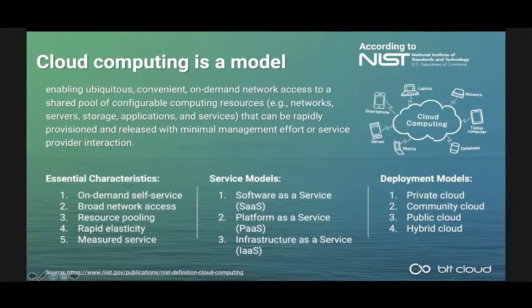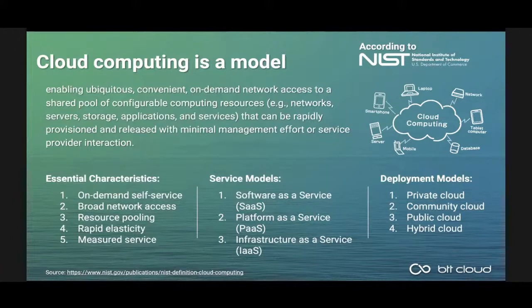Also, the National Institute of Standards and Technology wants to make sure that everybody understands it in exactly the same way. So basically, they say that the essential characteristics of cloud computing are that services can be accessed on demand, so you use as much as you want and need.